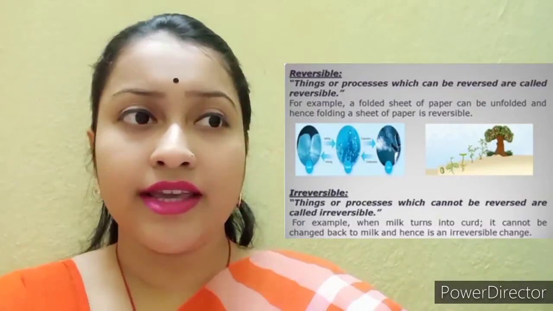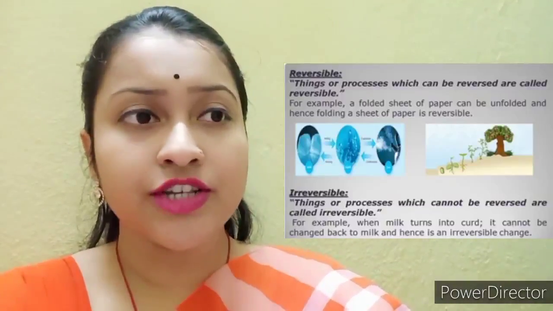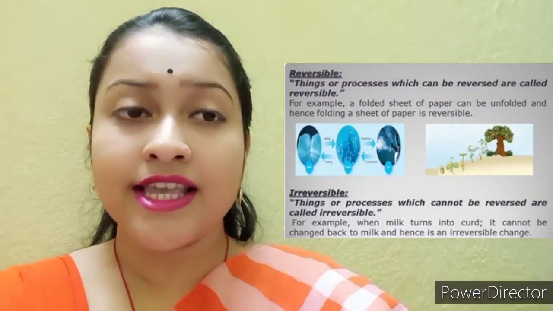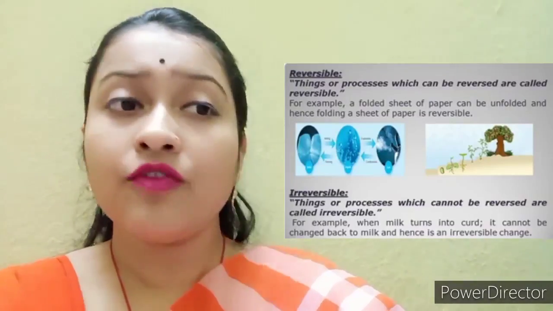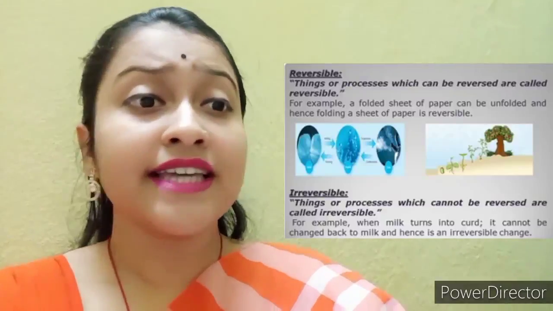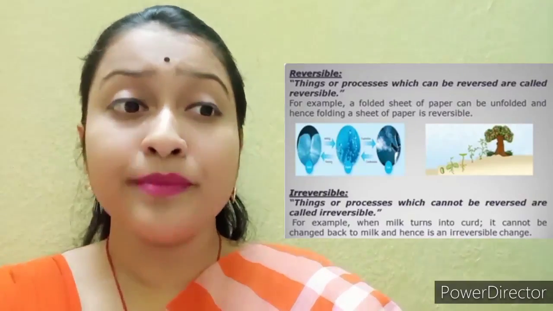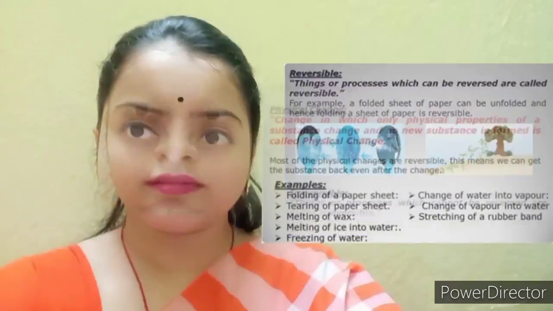Next one is irreversible. What is an irreversible change? Things or processes which cannot be reversed are called irreversible. For example, when milk turns into curd, it cannot be changed back to milk, and hence it is an irreversible change.